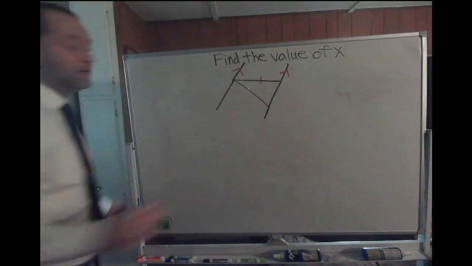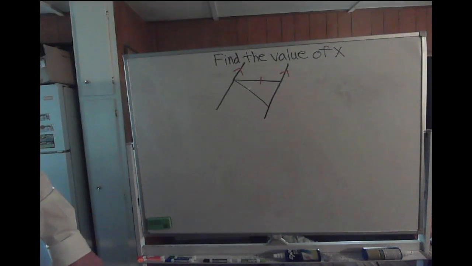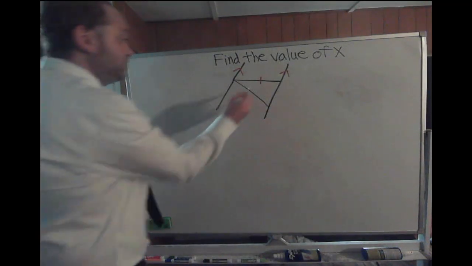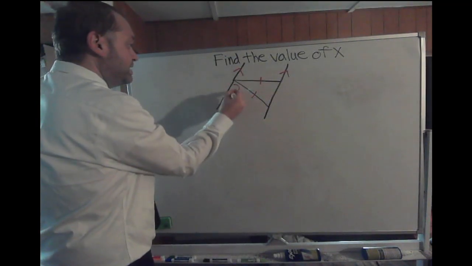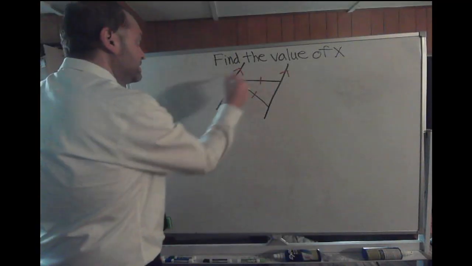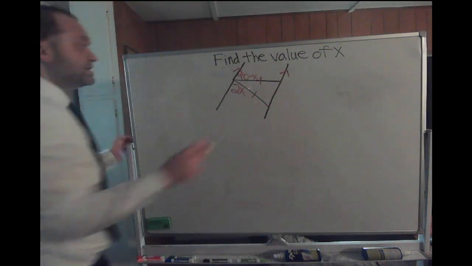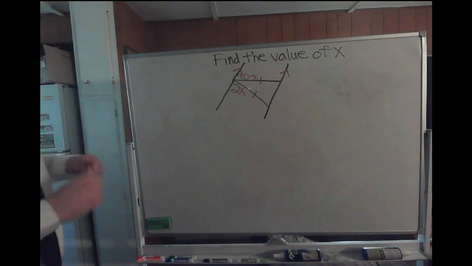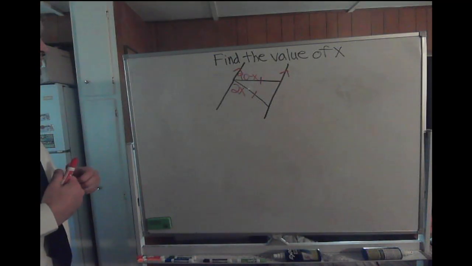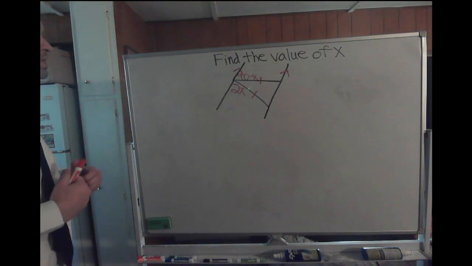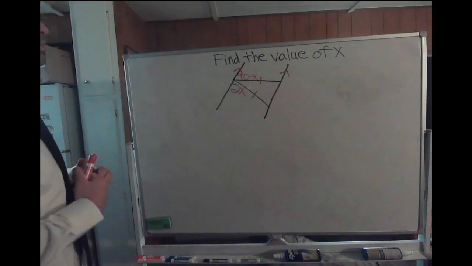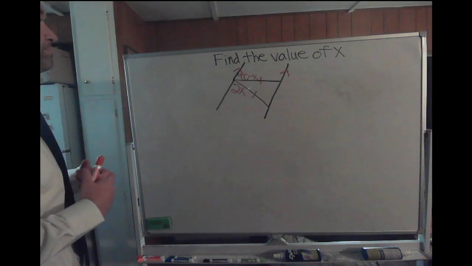This side is congruent to this side. This angle down here equals 2x. This angle right here is equal to 90 minus x. What do we do? Alright, so what are we going to do here?